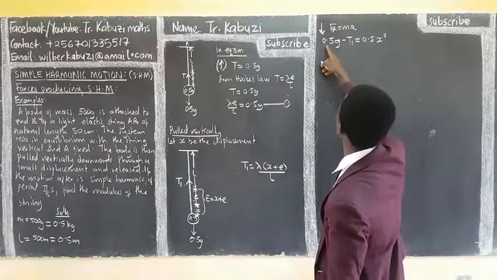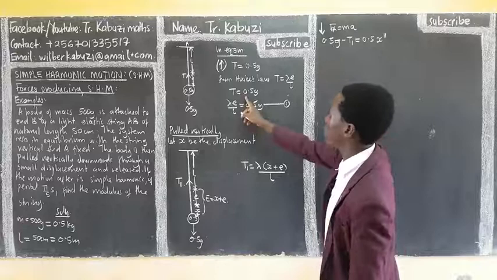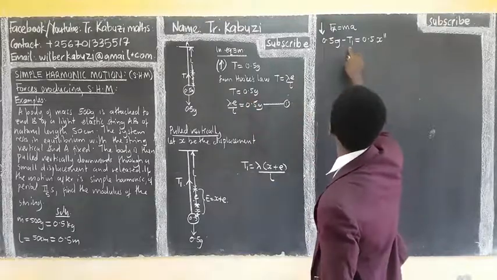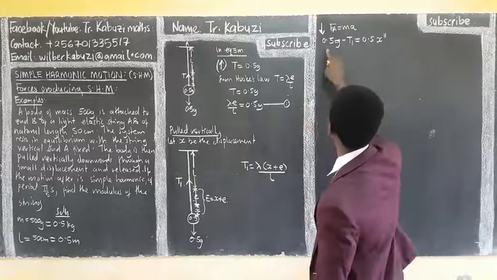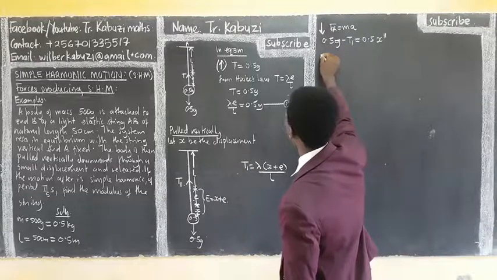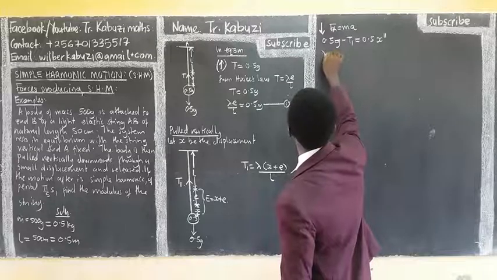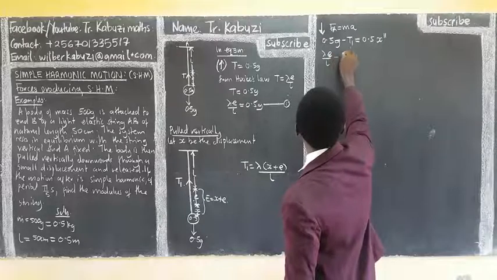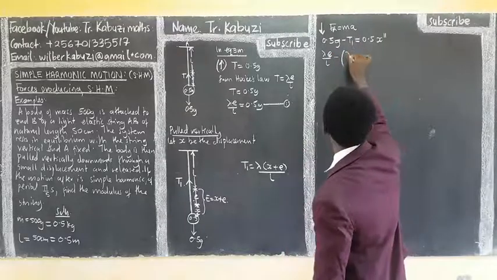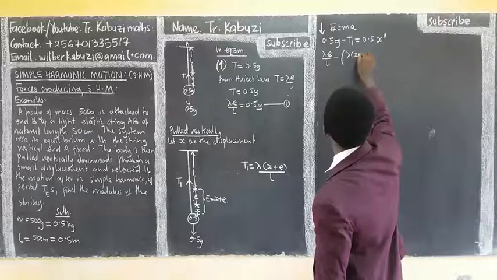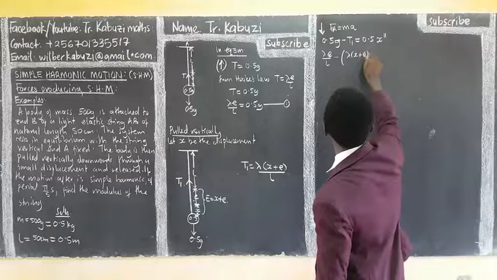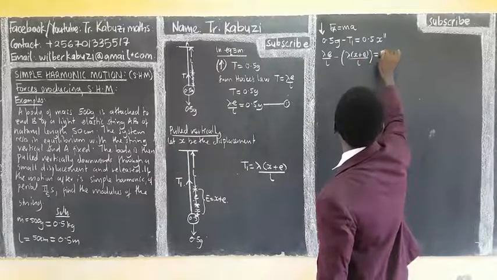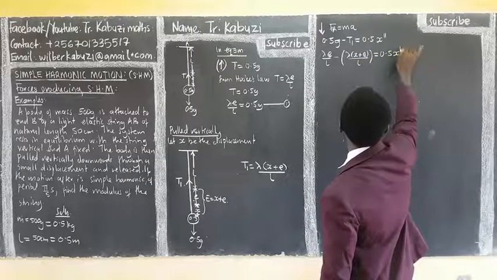So from this, one is always equal to T, which we have there, and this one we know is going to be lambda e over L minus T1, which is lambda into x plus e, the whole over L, equaling 0.5 x double prime.